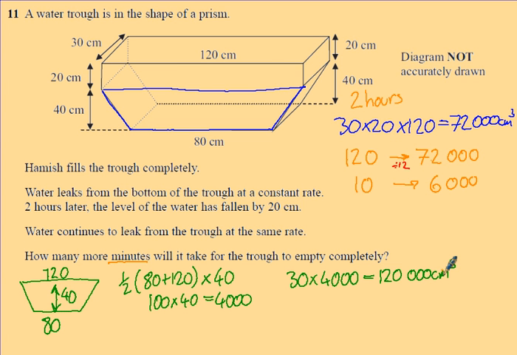And I'm now almost there, because I know that if it takes 10 minutes for 6,000 cubic centimetres, it will take 20 minutes for 12,000 cubic centimetres, which means that it will take 200 minutes for 120,000 cubic centimetres of water to leak out. So our final answer is 200 minutes.